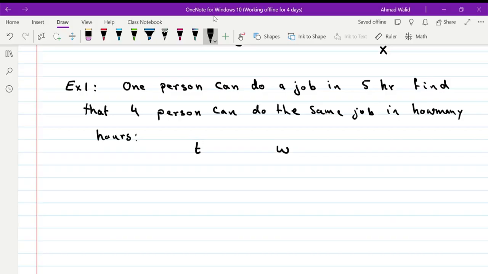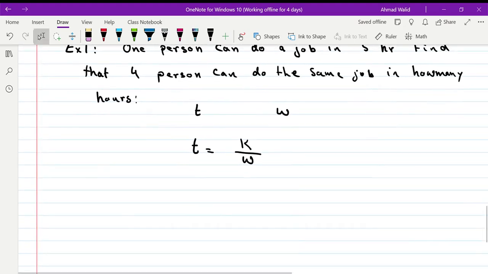Then the relation here will be T equals K over W. My first step, like direct variation, I have to replace the value of T and W in this equation, correct? T was 5 hours. 5 equals K over W, which is 1. It means here K equals 5.